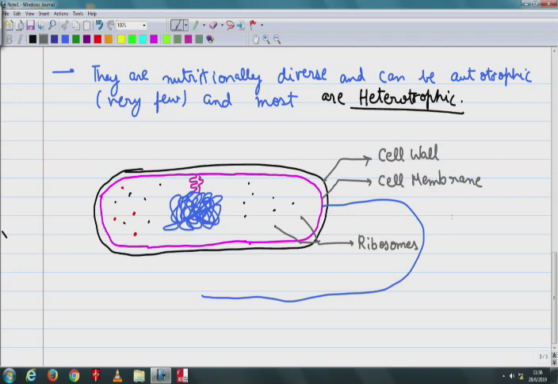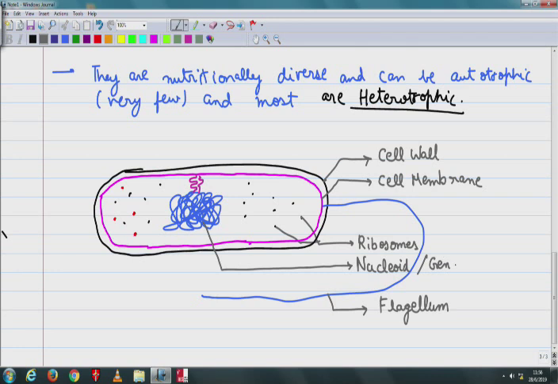This structure is the flagellum. This is the nucleoid or the genophore. There are many names for it. I will write all these names here.